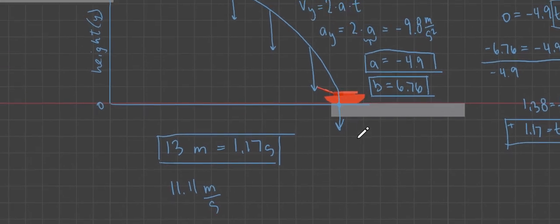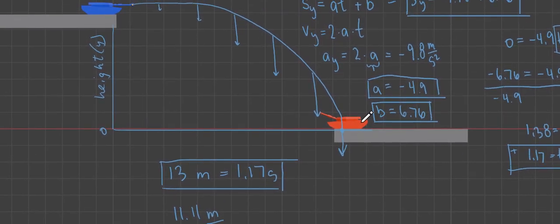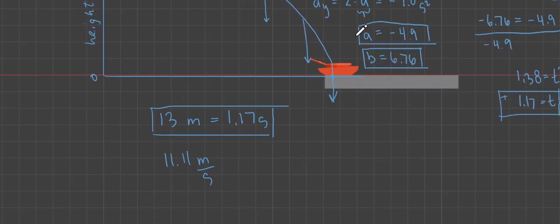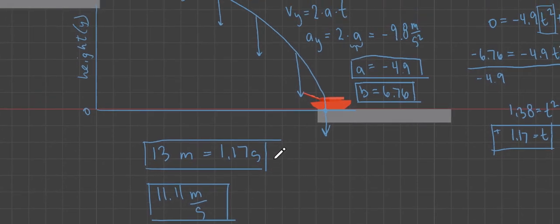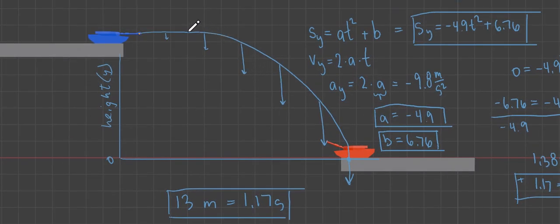So that actually tells us what its horizontal velocity is, because if it missed, like if it came up short, it wouldn't have taken 1.17 seconds. It would have taken a shorter amount of time because it wouldn't have made it the full distance.